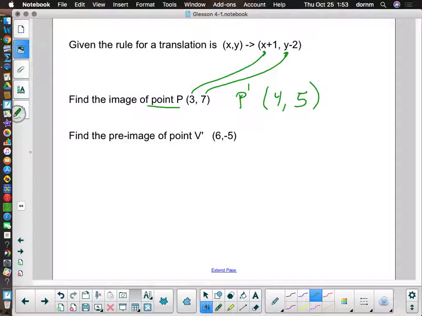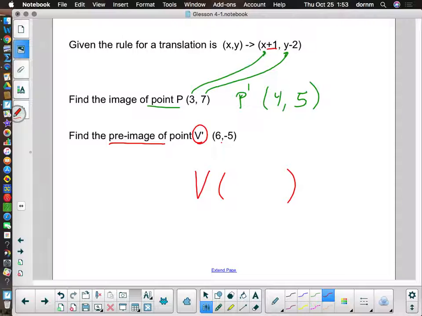Sometimes, however, it asks me to go backwards. It said find the pre-image of the point V primed at 6, negative 5. The pre-image of V primed would be V. And what are we going to do for our coordinates? Well, we're going to go backwards, aren't we? If we start with the image and we go backwards to the pre-image, we're just going to do the opposite of whatever it says here.